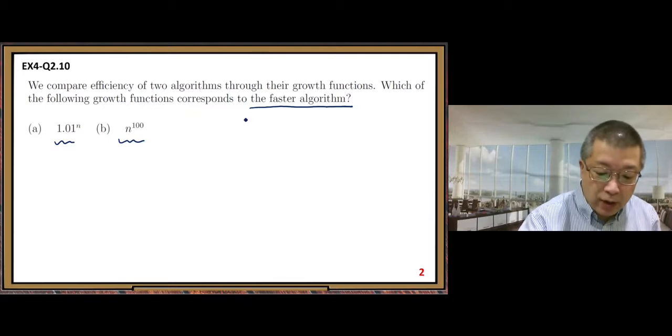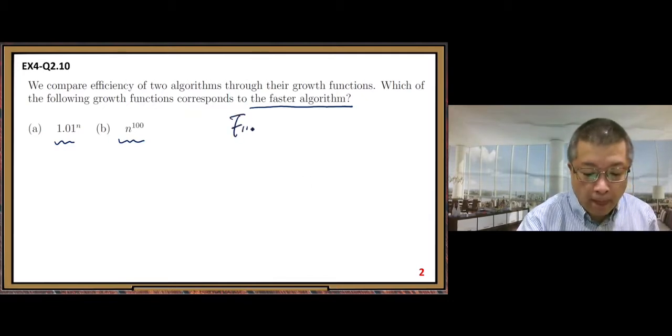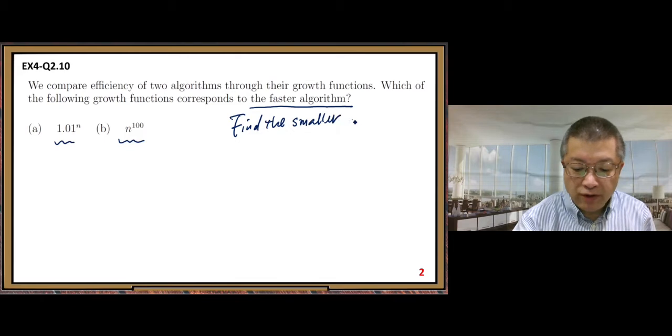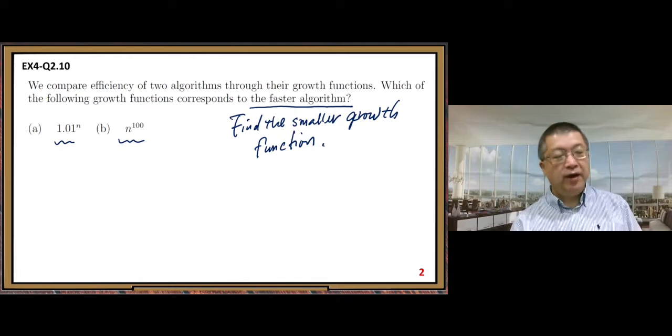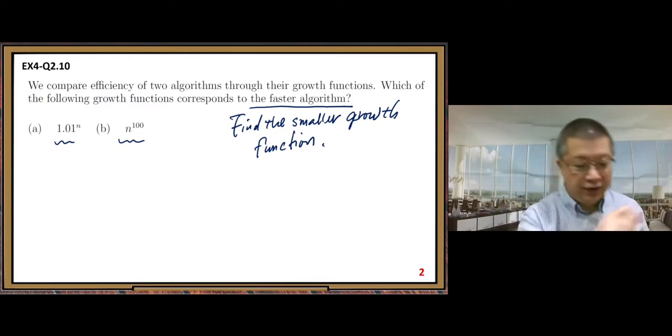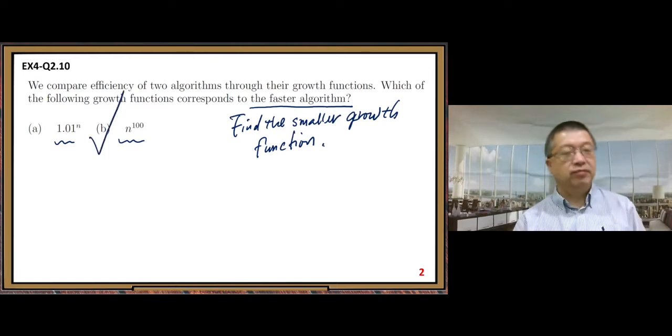So we would like to find the smaller growth function, because that corresponds to the faster algorithm, not the opposite. Here, the first conclusion: this is smaller.